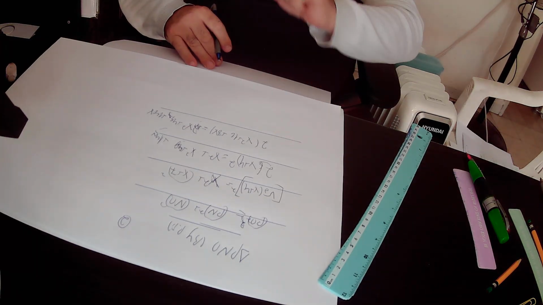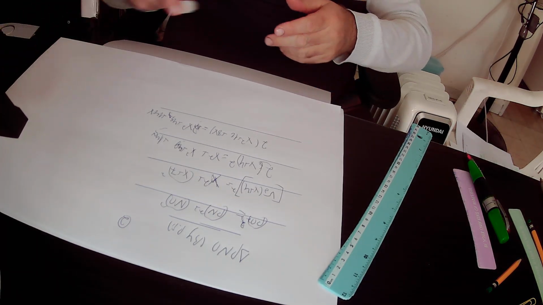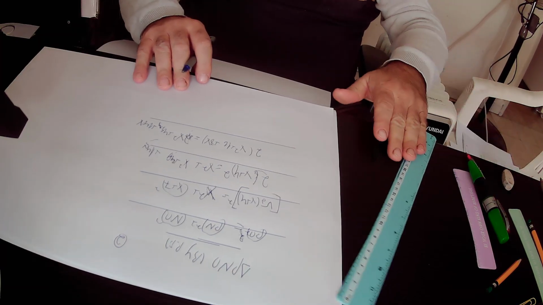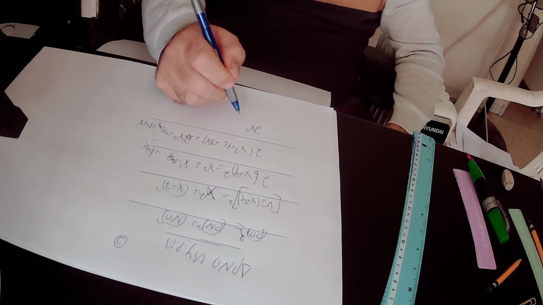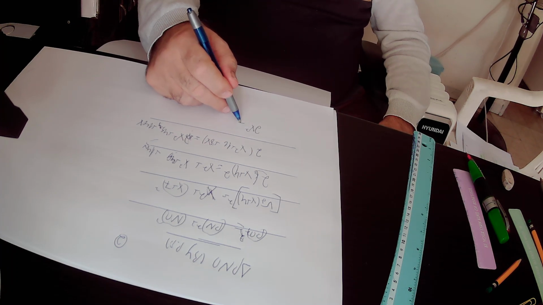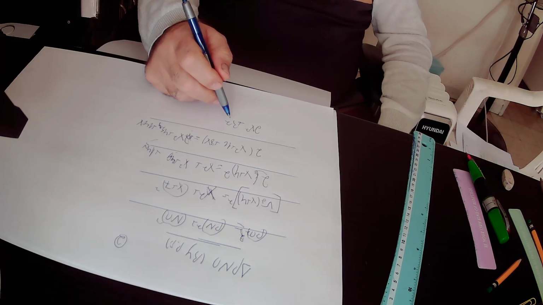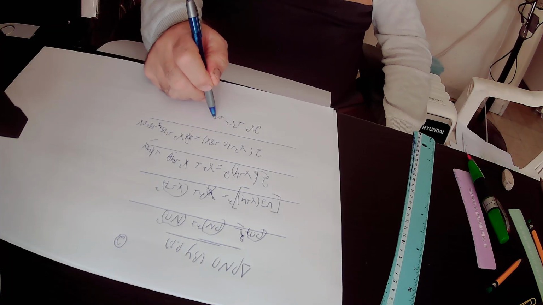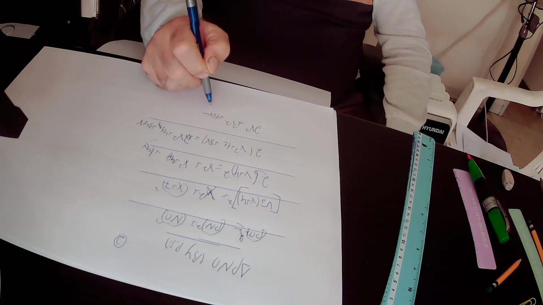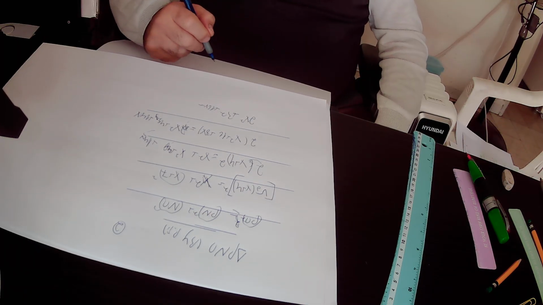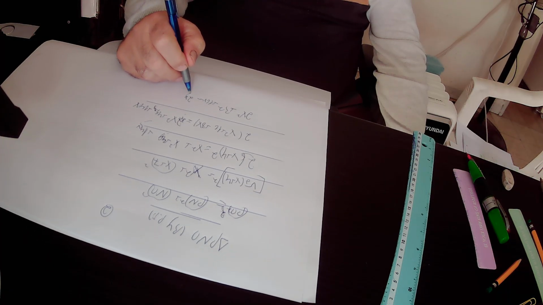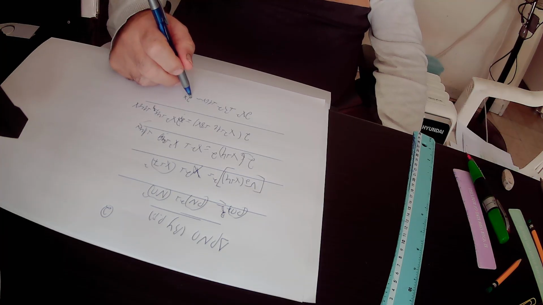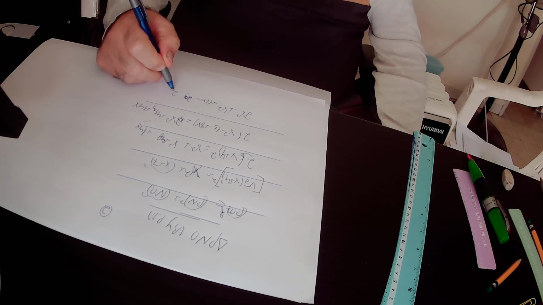Here we will open the brackets of this equation. We get that 2 times x squared is 2x squared, 2 times 16 is 32, and 2 times 8x is 16x.